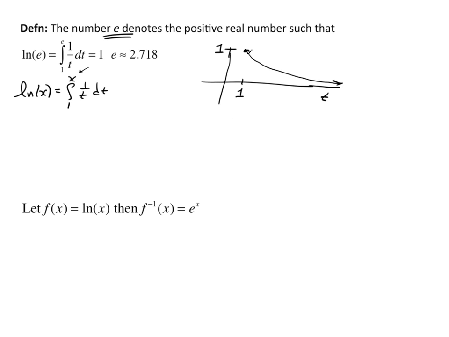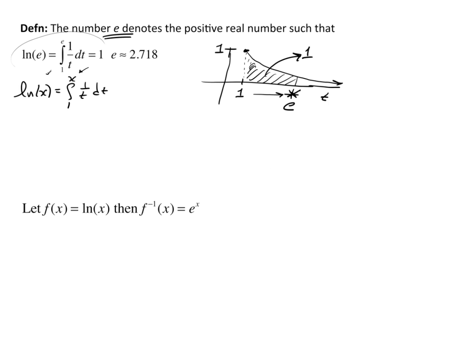So what it's saying is I'm going to integrate to some value of x such that when I take that integral, this area under the curve is equal to 1. That's the total area under the curve between 1 and x. I'm going to stop at the x that gives me 1. Well, that x is, in fact, that magic number e.